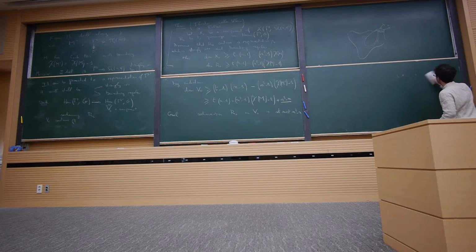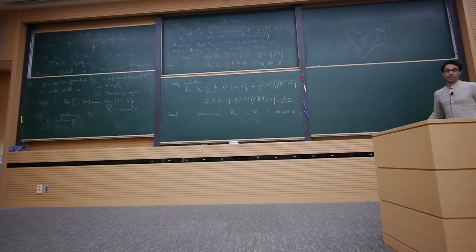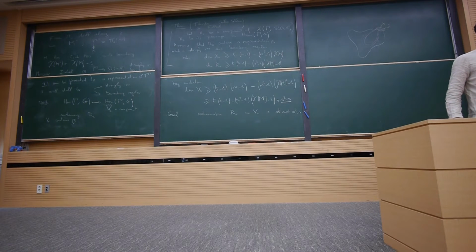And so here I introduce a very important tool in my work, I would say in representations of three manifolds: it's always a good idea to look at restriction to a surface group, because you know a lot about surface groups that you don't know about three manifold groups.